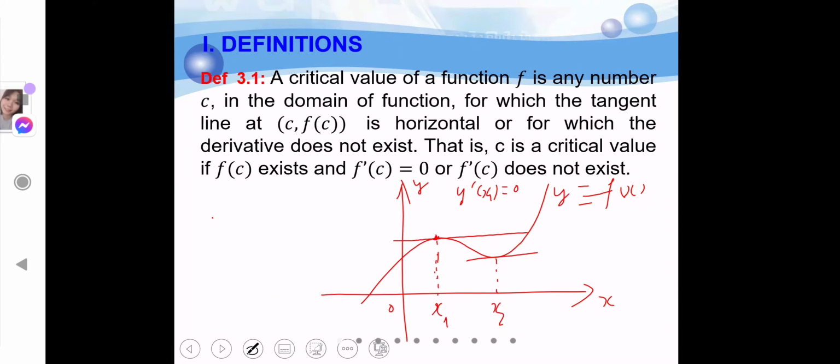And in this case, at this point, it is called a stationary point.